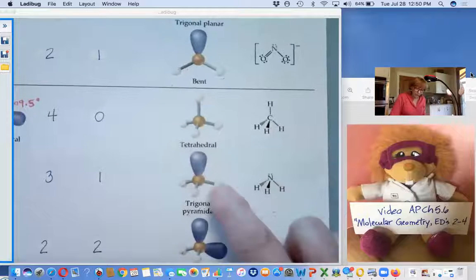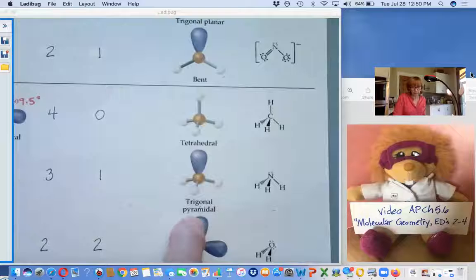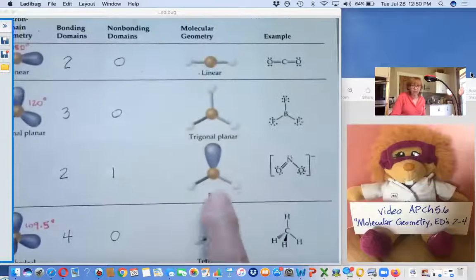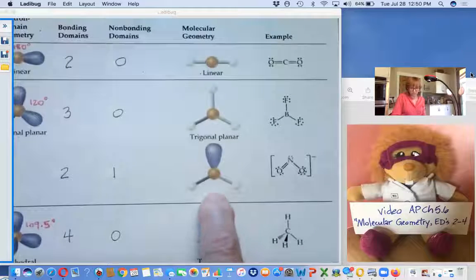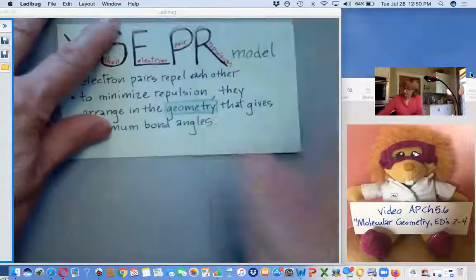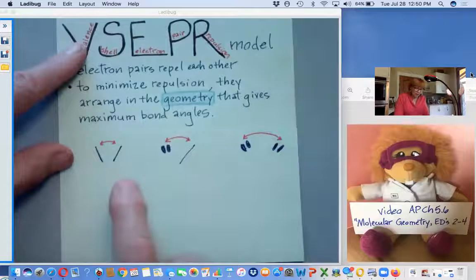But if you have only 3 bonds and 1 lone pair, it's called trigonal pyramidal. And if you have 2 bonds and 2 lone pairs, it's called bent. This bent 109.5, this bent 120.